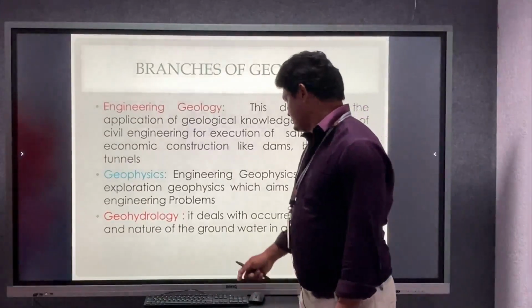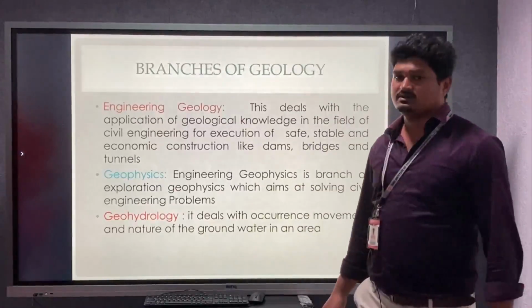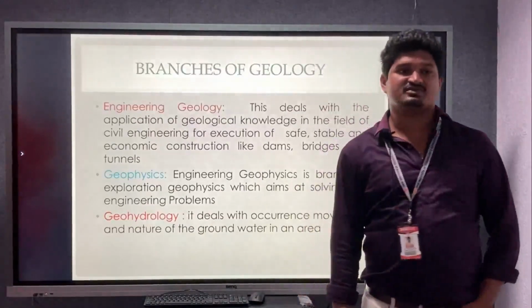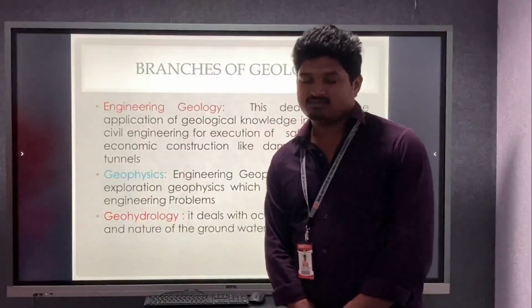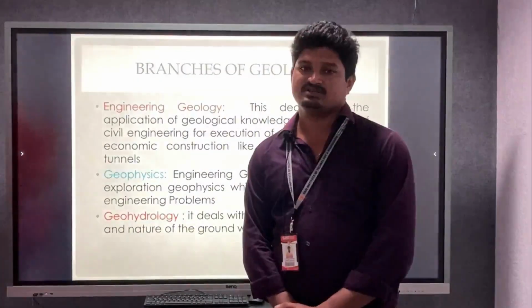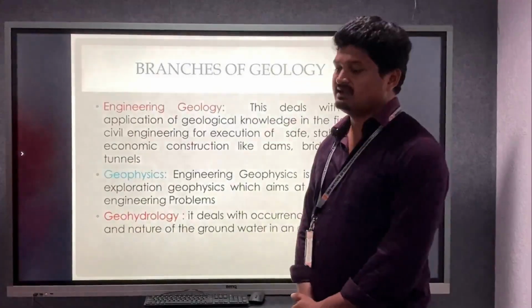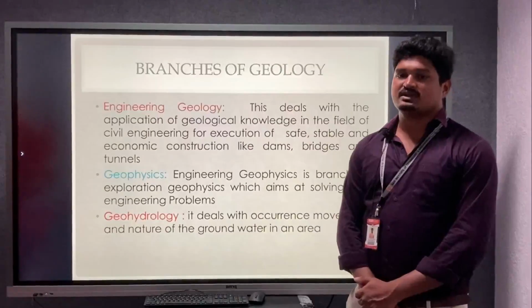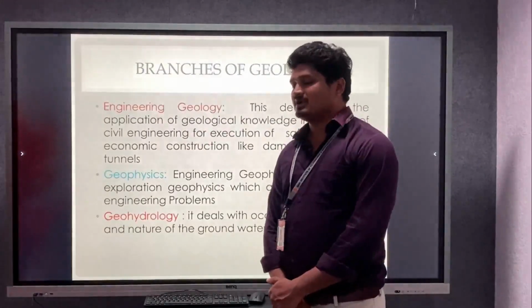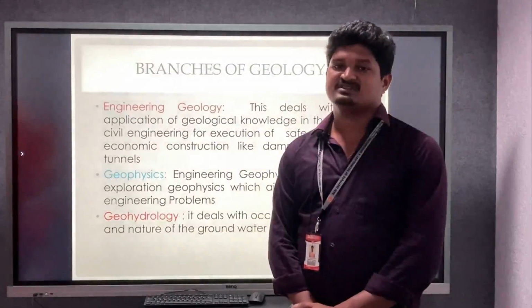And geophysics. Geophysics means the branch of exploration using different types of geophysical methods. For example, while understanding the subsurface in geology, the earth has different types of interior structure: the topmost layer is the crust, then the mantle, then the core. So we know about the different types of rock formation in the subsurface.